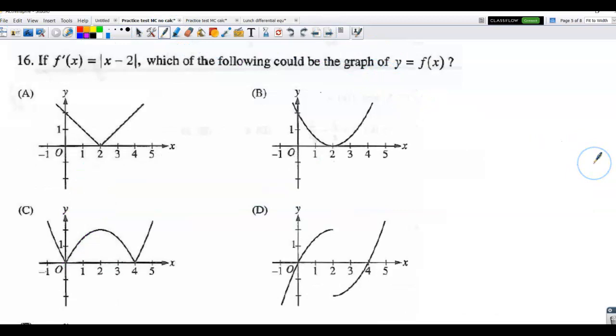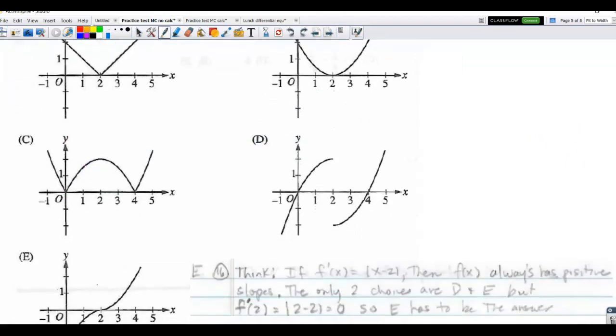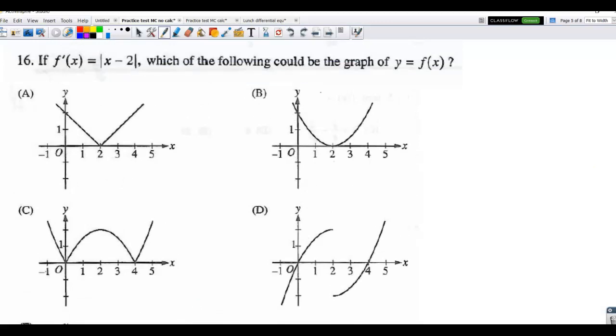Number 16. This one often gives kids some trouble. So in number 16, we have the first derivative is equal to the absolute value of x minus 2. Which graph could be the graph of f original? So the slope generator for f is the absolute value of x minus 2. Now let's think about that.